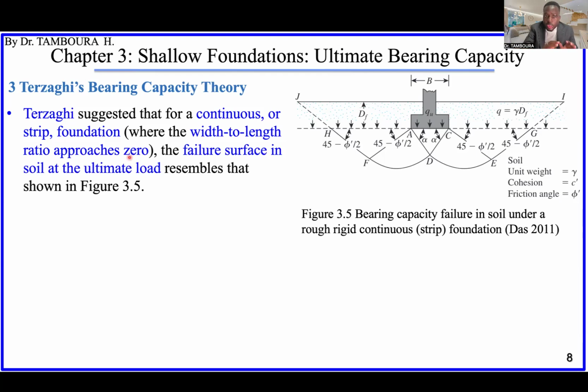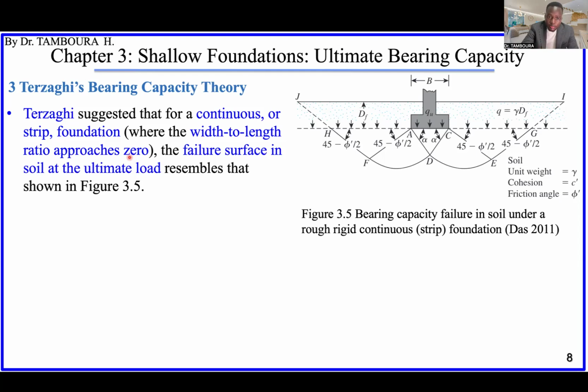For this kind of foundation, Terzaghi suggests the shape of the failure surface in the soil at the ultimate load. I think we defined what the ultimate load is in the previous video, so I hope it was understood and I don't need to come back to it.